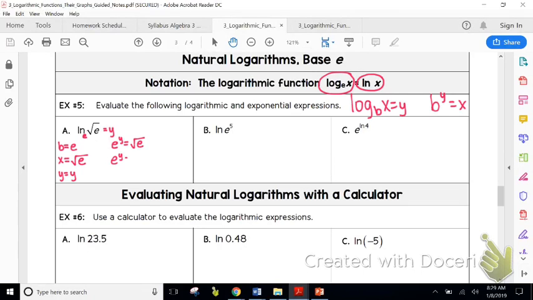So e to the y equals, remember, it's your base raised to, what's the exponent on that? 1 over, what's the root? 2, because it's a square root. Then what do we do? Yeah, our e's are equal, our bases are equal, so don't worry about them. So y is equal to 1/2. So that means that the natural log of the square root of e is equal to 1/2.